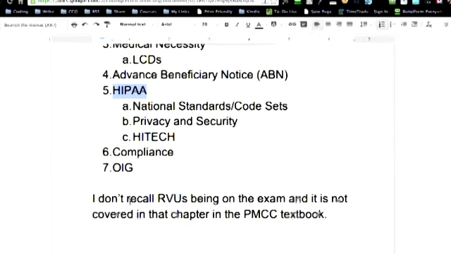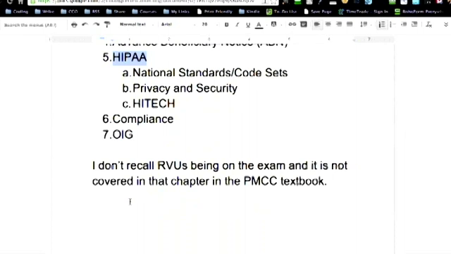Now, if you join our discussion forum, codingcertification.org/forum, or our email list, which is a Yahoo Groups email list, this kind of stuff comes up all the time. People start talking about HIPAA and they talk about compliance. That's how I learned back in 1999 when I got my credential.